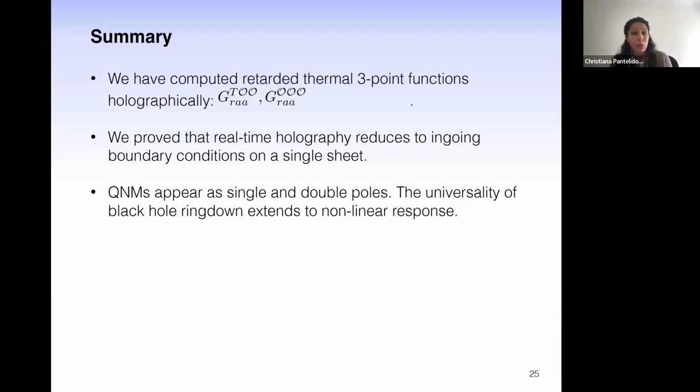And we also saw that these retarded 3-point functions have single poles and double poles. We didn't find any triple poles, but they have single poles and double poles precisely at the location of quasi-normal modes. So the universality that was seen by Son and Starinets that related black hole ring down and linear response actually extends to the nonlinear level, at least for 3-point functions.